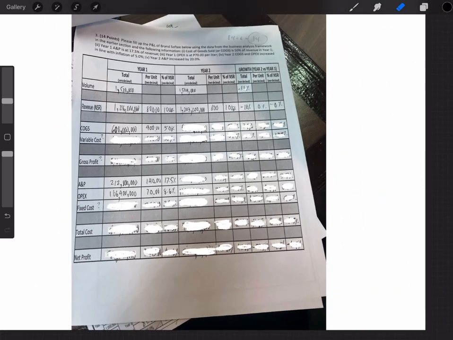So now we're looking at year two. Cost of goods sold and operation expenses increased in line with an inflation of 5%. So for cost of goods sold, that inflation applies to the per unit price.